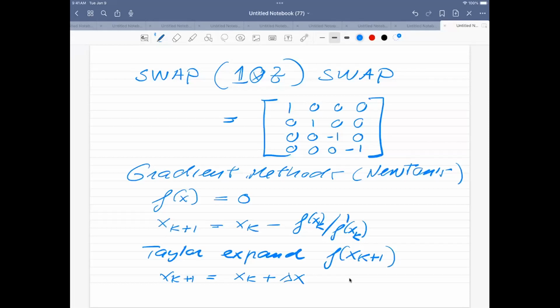Now, what we have in our case is not f of x. So f of x goes over to the gradient of the energy as a function of these parameters theta. That means that the first derivative is a second derivative in our case.